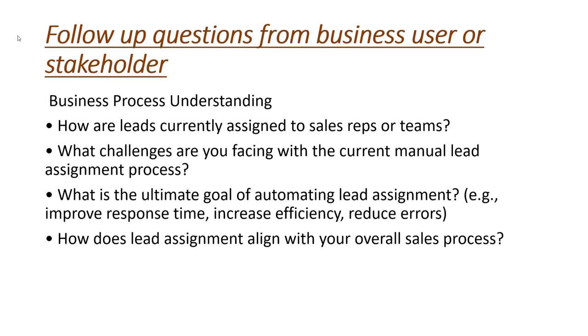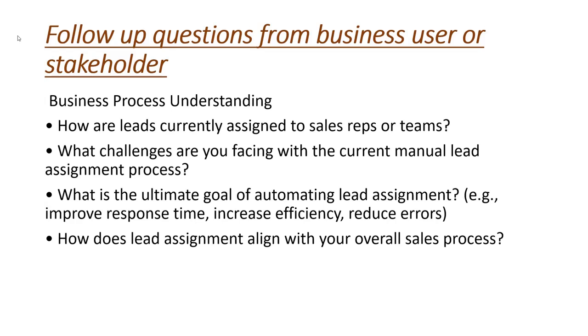You need to understand their current process, how leads are currently assigned to sales reps or teams at the moment, and what challenges are you facing with the current manual lead assignment process? What is the ultimate goal of automating lead assignment? For example, do we want to improve the response time, increase efficiency, reduce errors?